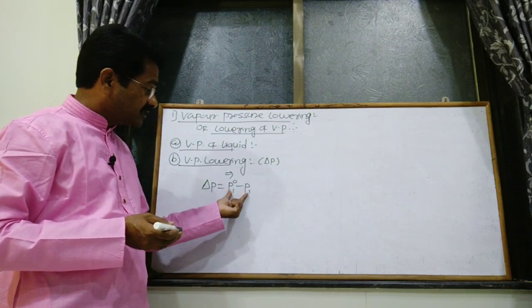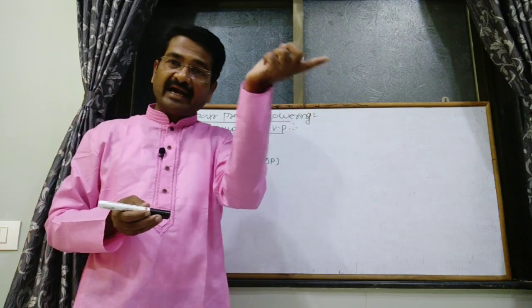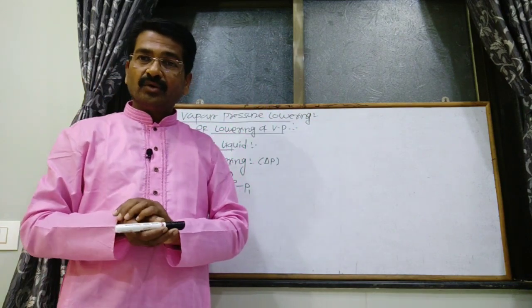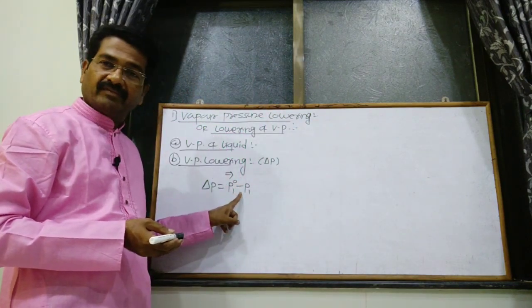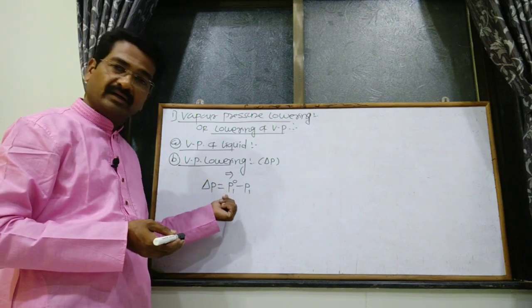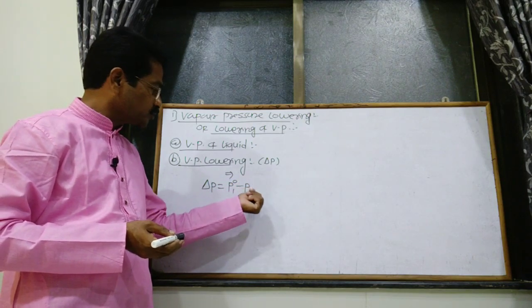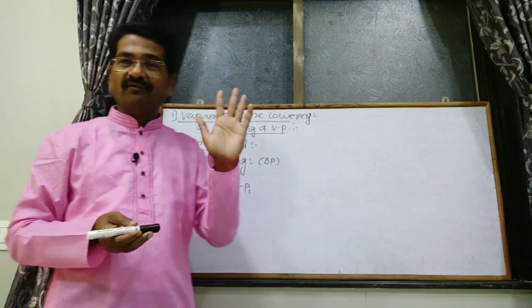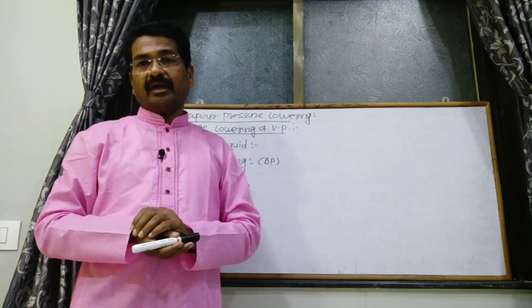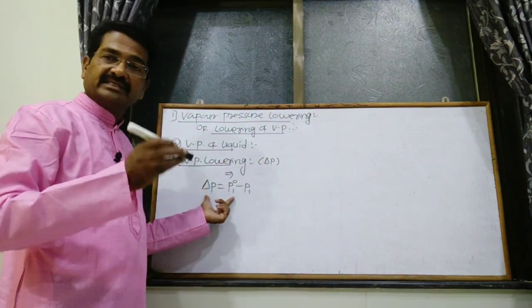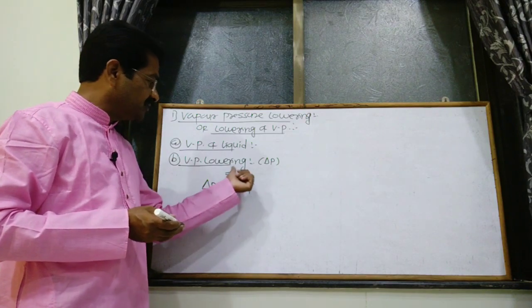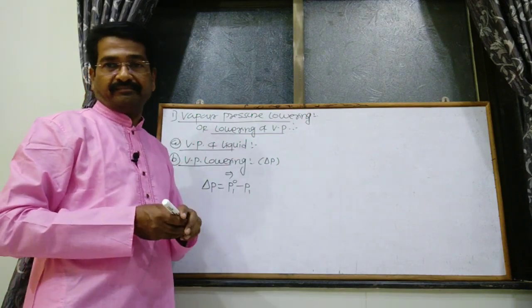But this definition can be defined another way. The difference between vapor pressure of pure solvent and vapor pressure of solution is called lowering of vapor pressure. This equation is very important. Understand these equations. Delta P is equal to P01 minus P1.